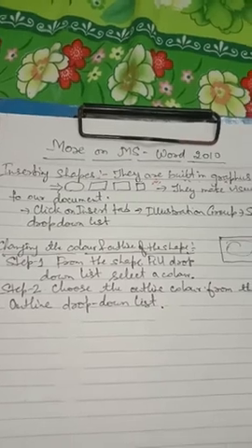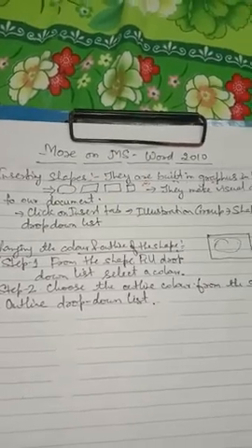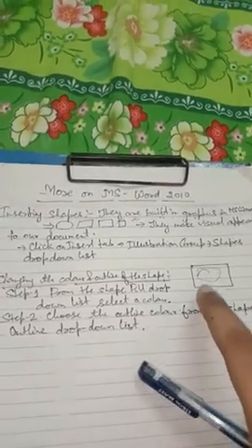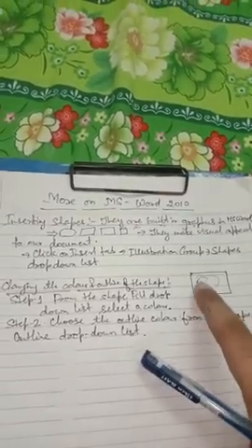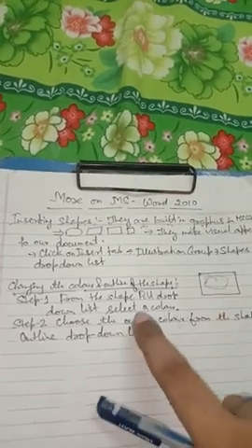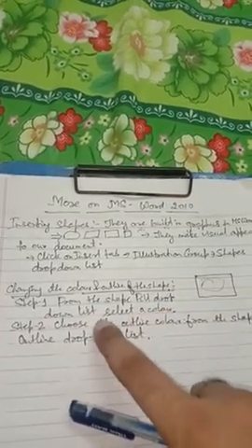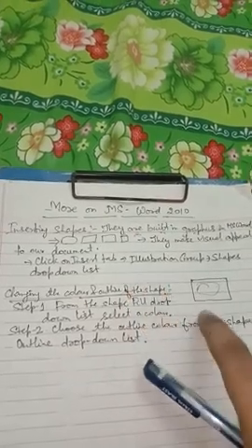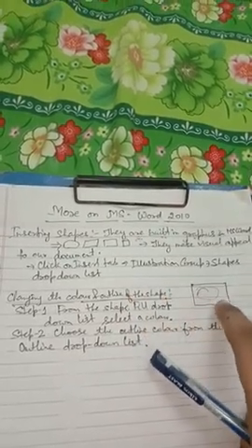So in order to change the color or the outline of the shape, what we have to do? To fill the color inside this shape, first of all from the shape fill drop down list we have to select a color. As soon as we click on any of the colors, that color will be filled inside this box.